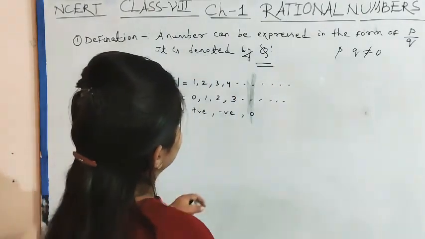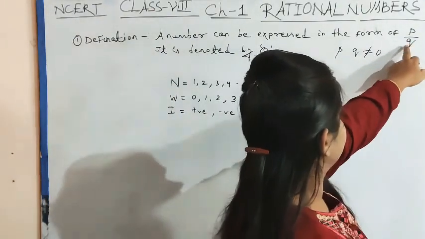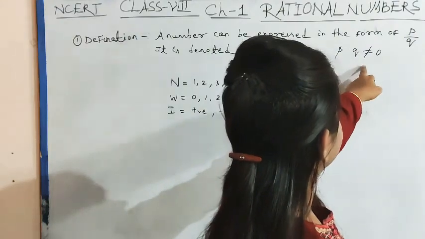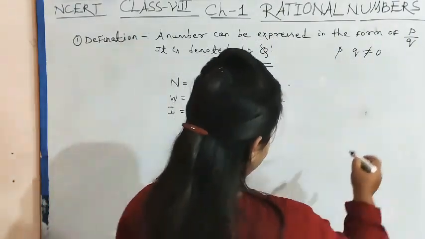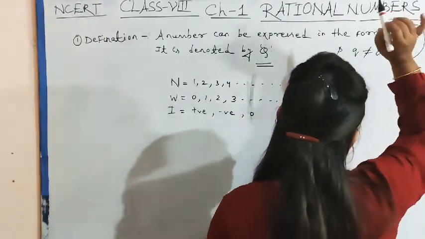Q is written as p by q form, and q is not equal to 0. P by q form is fraction form.